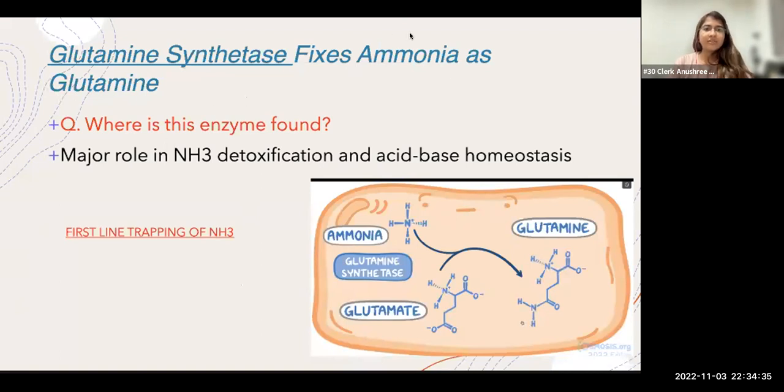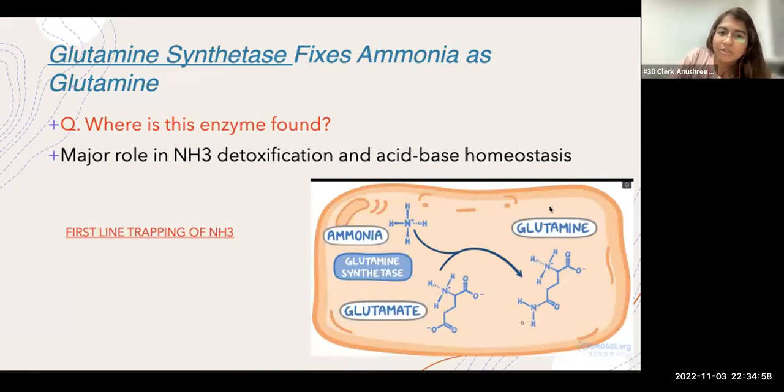So what does it do? It fixes ammonia. Look here. The ammonia came to your cell. The glutamine synthetase took the glutamate, formed the bond to give glutamine. Told you this one only has a single nitrogen. This one has 2 nitrogens. This is the form that can go into your blood.